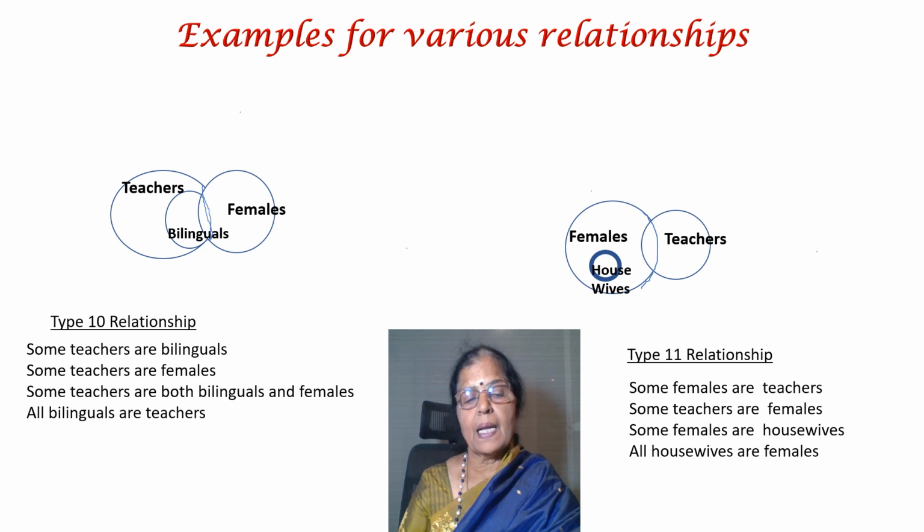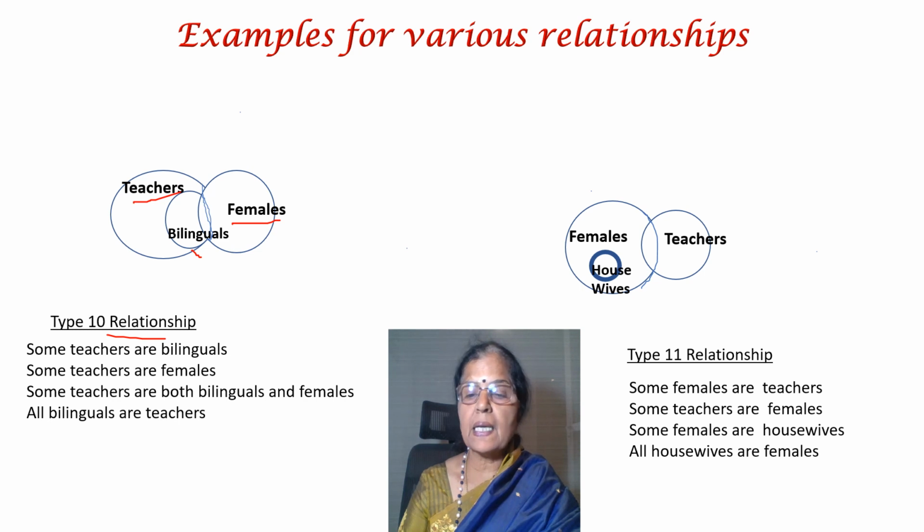See in the last two types of relationship, here also three variables. See the 10th type of relationship where again three variables, teachers, bilinguals and females. So all three are overlapping.